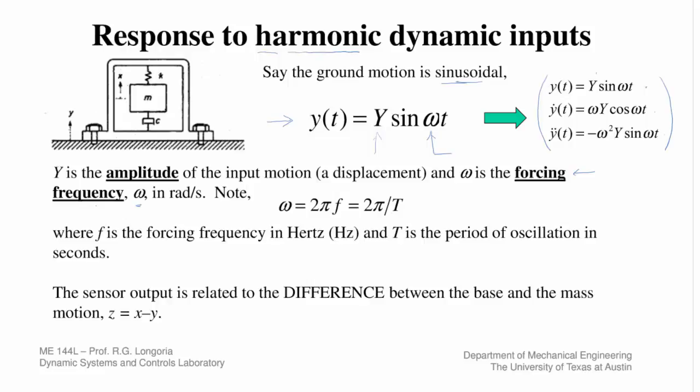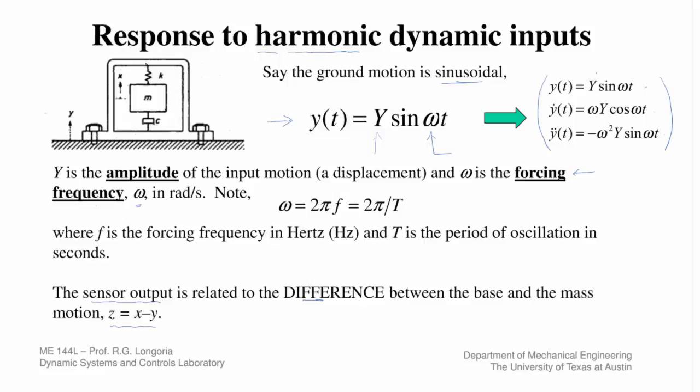That difference is related to what we might call the sensor output, because whatever is between the mass and the case, we're modeling with a spring with stiffness K. What's important is that deflection, and we're going to call that Z. It's the difference between the motion of the mass and the case. Okay.